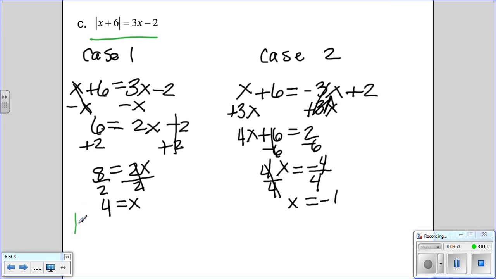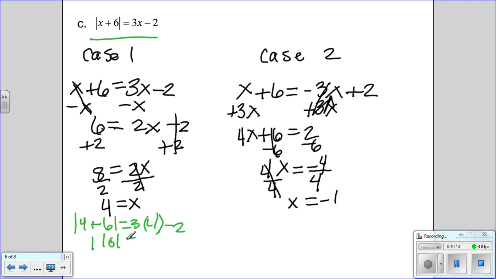I need to check that the absolute value of 4 plus 6 is equal to 3 times 4 minus 2. Okay, so the absolute value of 4 plus 6, that's the absolute value of 10.